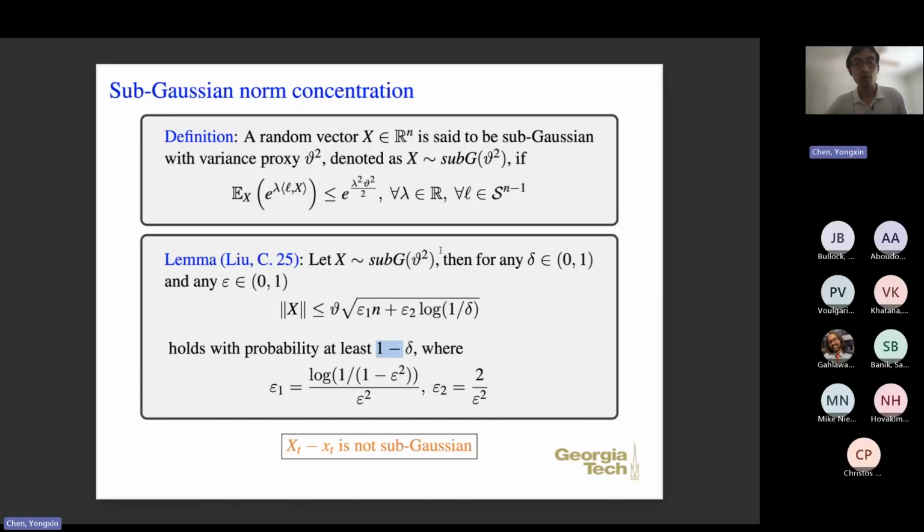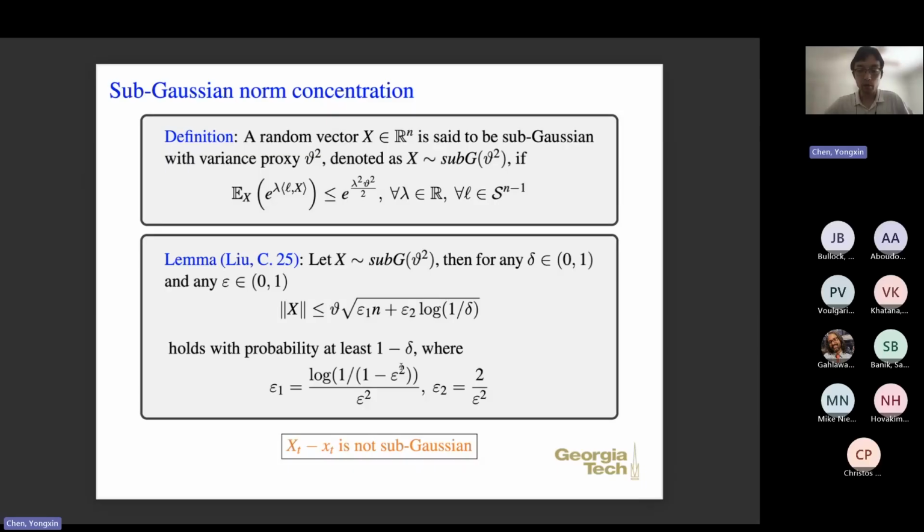So one thing we tried is that if we can show that xt minus xt, the quantity we want to bound, is a sub-Gaussian random variable, then we can use this and get a similar result to the linear setting. But the problem is this is not true. So this turns out to not be sub-Gaussian.